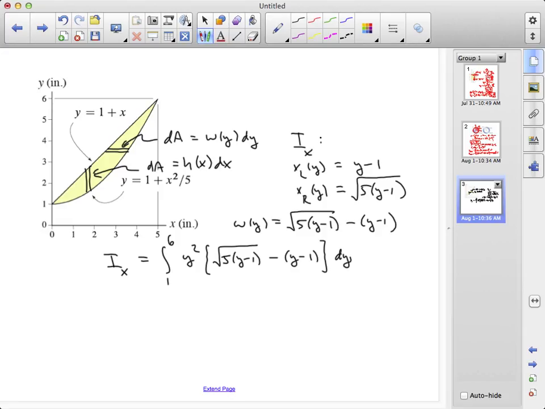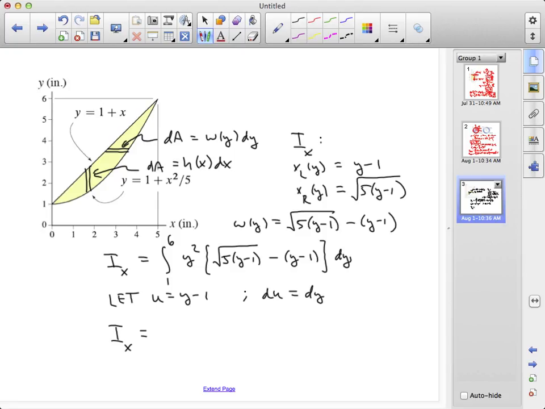This expression illustrates why our restriction to differential elements of certain orientations can be problematic. This particular integral can be evaluated, but we're going to need a substitution in order to be able to do it. We'll let u equal y minus 1, and we can see from that that an increment of u is just an increment of y.